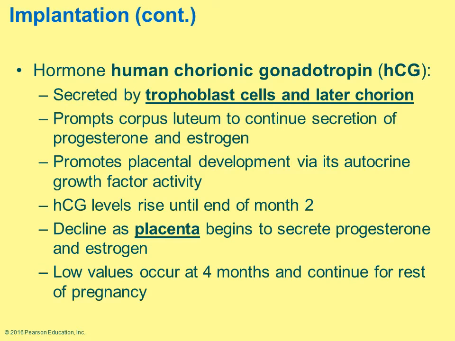When it starts to decrease, this is about the time that the placenta has essentially taken over for the corpus luteum and starts to secrete the estrogen and progesterone. Initially, the levels produced by the placenta are low, but they will increase throughout the rest of the pregnancy as that placenta takes over the secretion of these hormones.